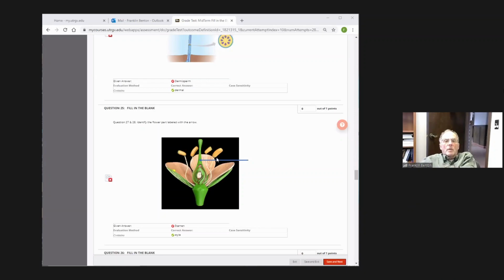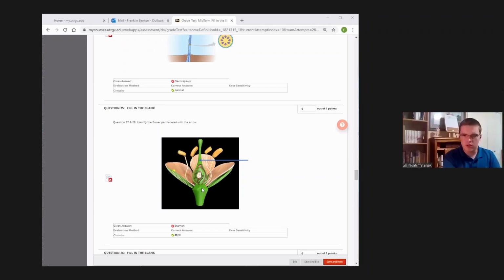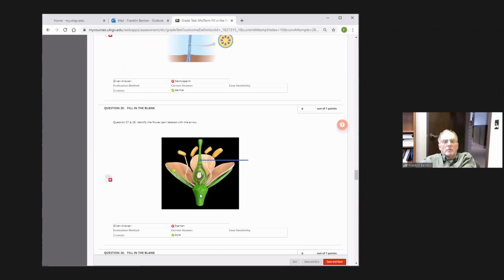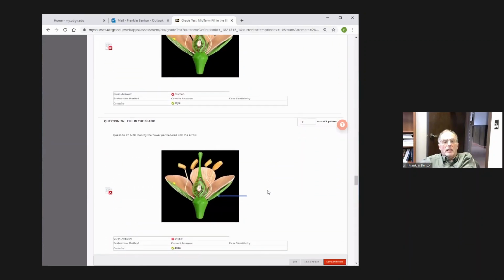Okay, and then what are these pink things? Petals. What's that green thing? Sepal. What's this section right in here? Receptacle. Okay, the peduncle is the one that goes farther down, but the wide part here is the receptacle. I'm going to take a look at each of these and check them.